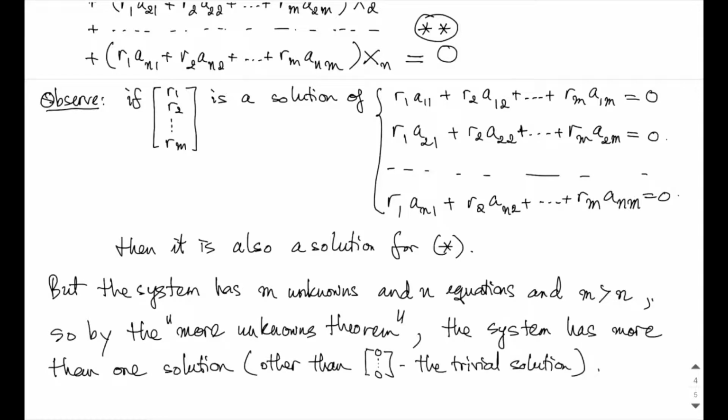Be reminded that the more unknown theorem says that if you have a system of more unknowns than equations, then that system will either have no solution or infinitely many solutions. But having no solution cannot be the case because you always have 0, 0, 0 as a solution for the system. So this system always has at least one solution. And if having no solution cannot be the case, then from the more unknown theorem, it must have more than one solution, or precisely infinitely many solutions.